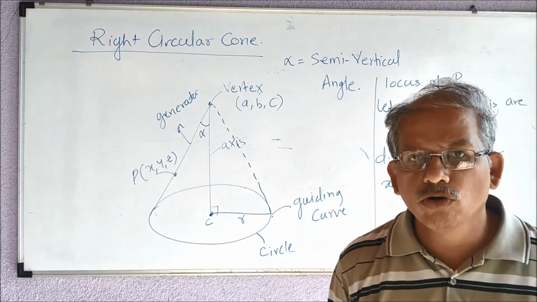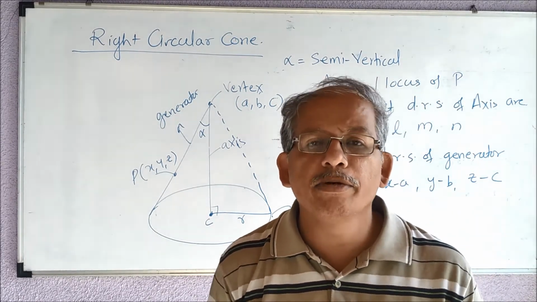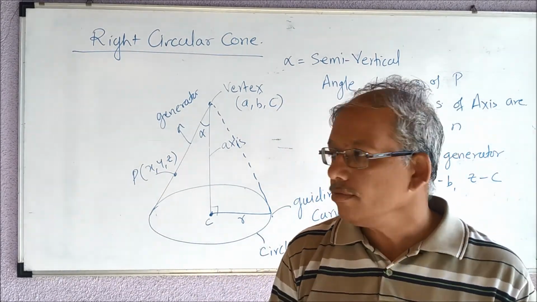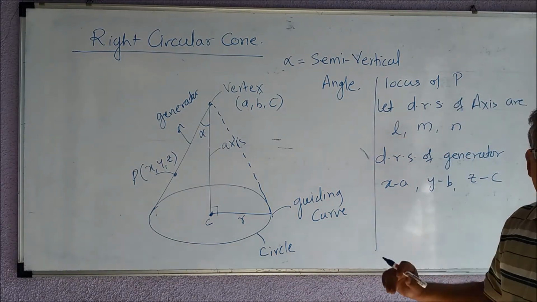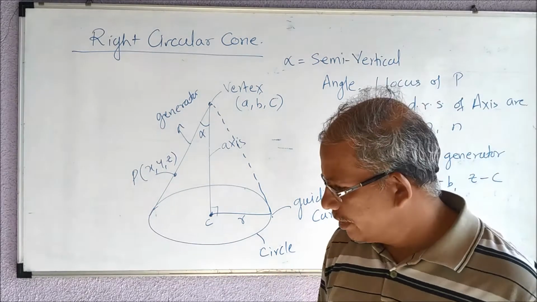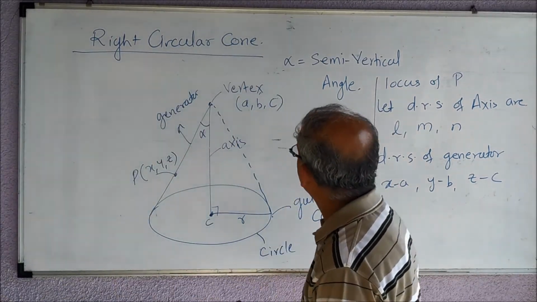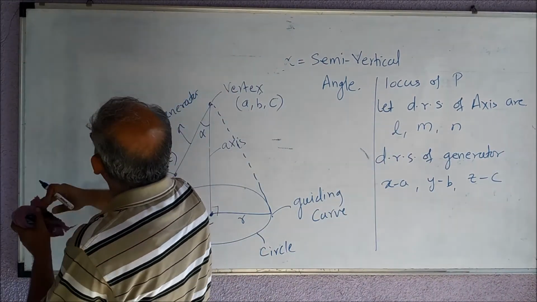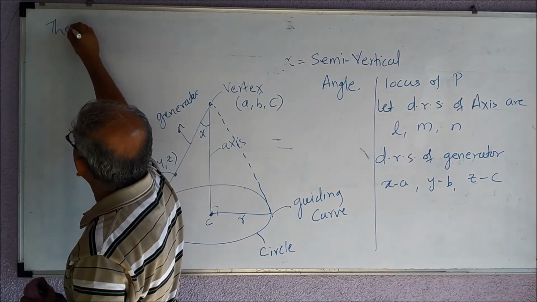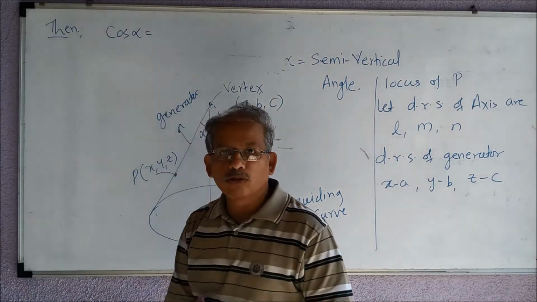Then we know the expression for alpha, that is the angle between the two lines. If we know the DRs of the two lines, then how do you calculate the angle alpha? Let me write it here. Then cos alpha is equal to, what is the formula?